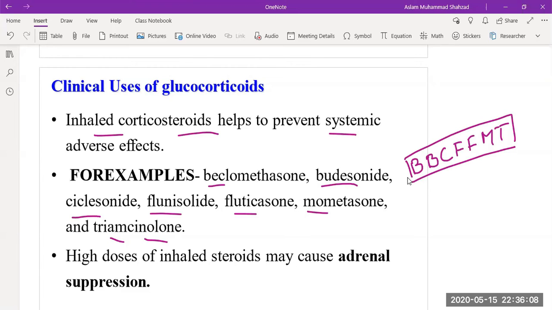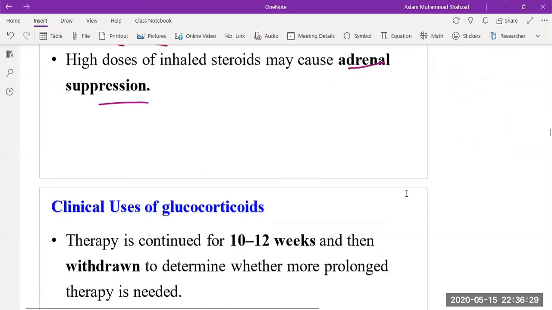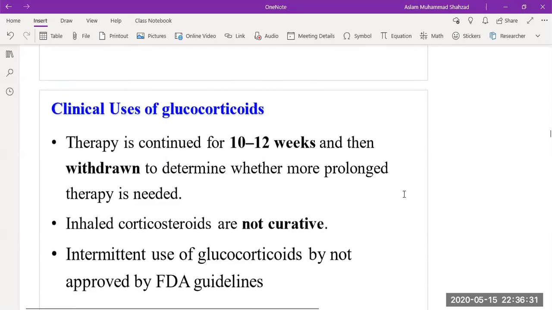High doses of inhaled steroids may cause adrenal suppression, and we know that corticosteroids, if we are giving them from outside to inside, can suppress your adrenal gland. Why? Because they are synthesized from the adrenal gland. Therapy is continued for 10 to 12 weeks, then withdrawn to determine whether more prolonged therapy is needed or not. Then inhaled corticosteroids are not curative.